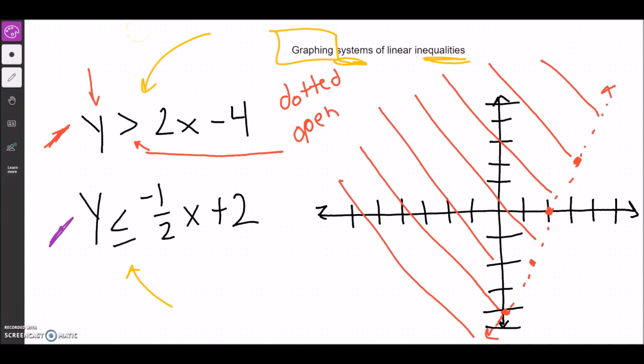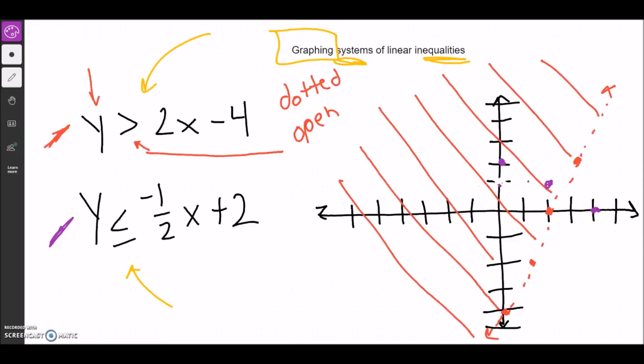Now let's graph the line in purple. This one would start up at +2. Then I'm going to go down 1 and over 2 to the right, and down 1 and over 2 to the right.